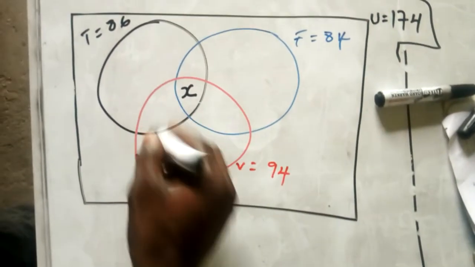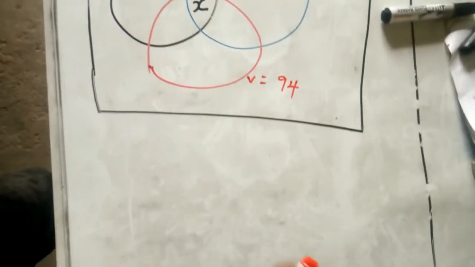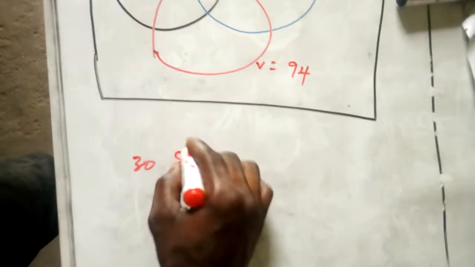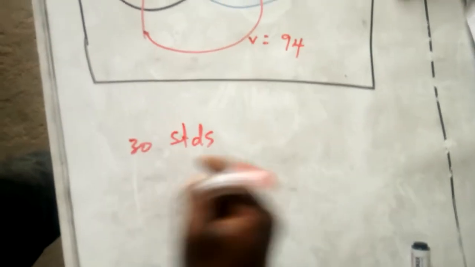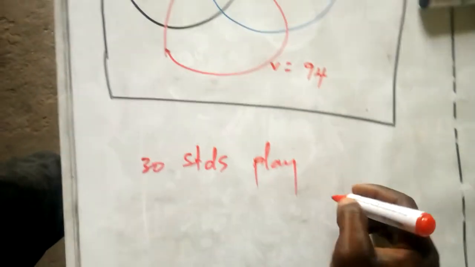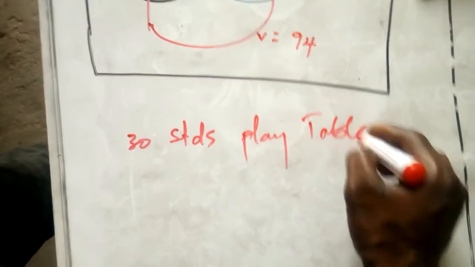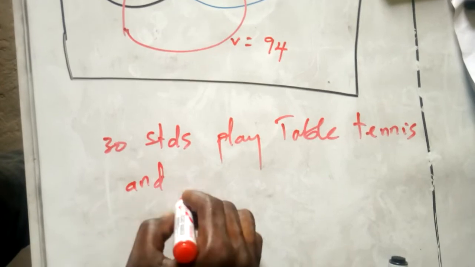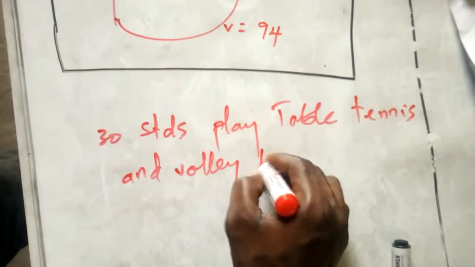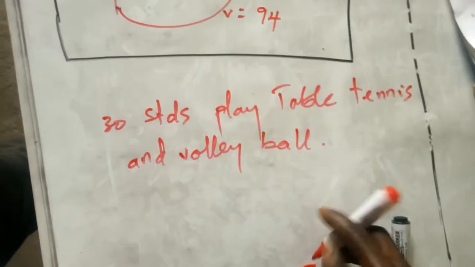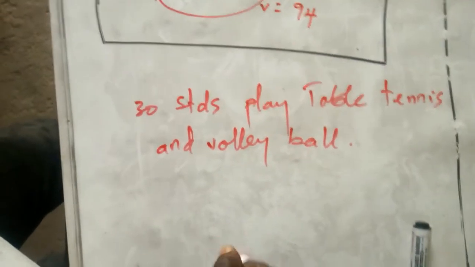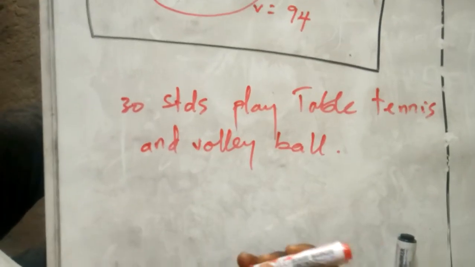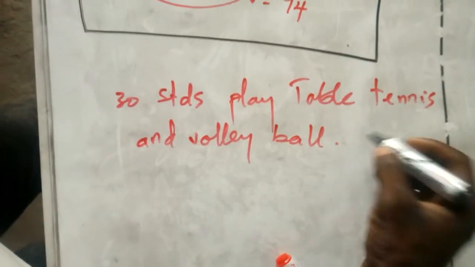Right? So the trick here is that whenever the question says that maybe 30 students play table tennis and volleyball, whatever the question says something like that, certain number play table tennis and whatever, any problem that you are dealing with, without adding the word only.